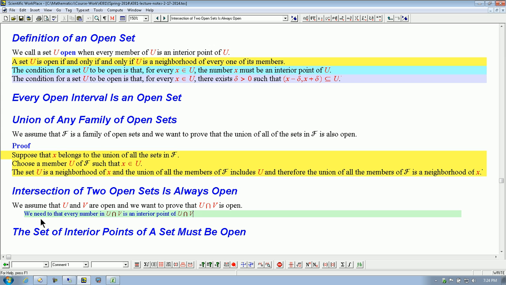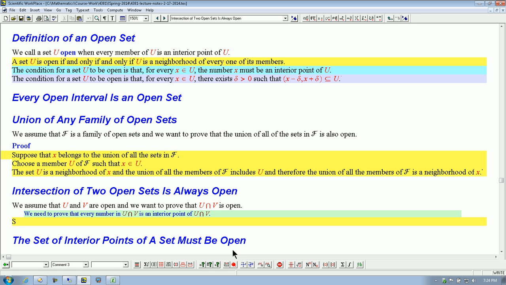We need to prove that every member of that set is an interior point of that set, right? So how do you prove for every? Suppose, right? Suppose what? Suppose that x belongs to that set.